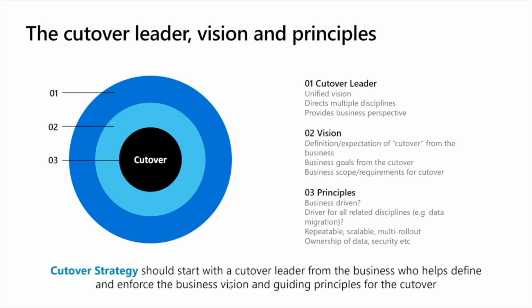And there's some principles, right? Define these early in the initiate phase. Is this going to be a business-driven cutover, right? Not just in name, but in reality. Is there going to be a resource made available that is the cutover leader that's going to essentially corral all the different business users that are needed for cleaning the data, for approvals, for ownership of the data validation?